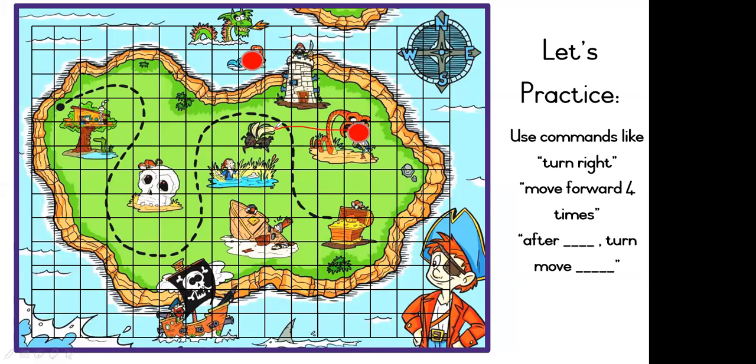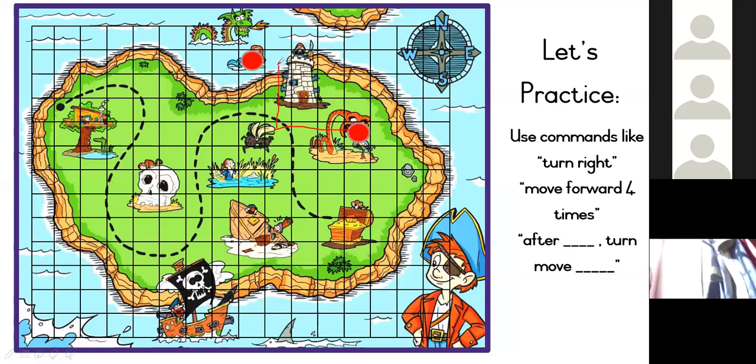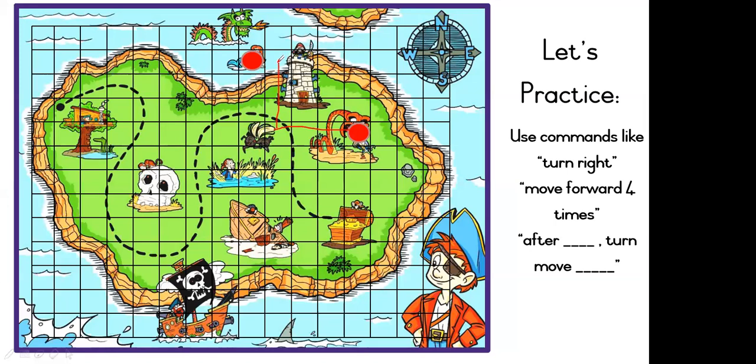Okay, so now you have to move forward again. How many blocks? 5 times. 1, 2, 3. Oh, if you move 5 times, I'm going to go over the screen. So 3 was enough. Okay. Yes, ma'am. Do you see that? Yes, ma'am.